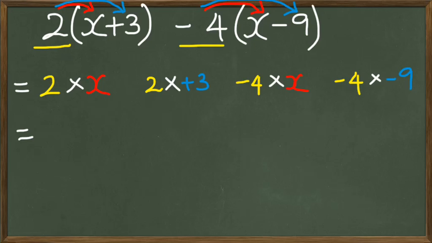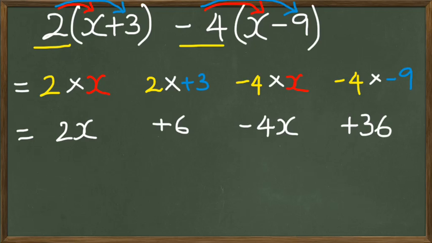When I expand this, I'll get 2x. 2 times positive 3 is plus 6. Minus 4 times x is minus 4x. And this would become plus 36.